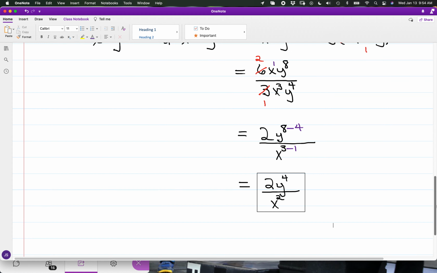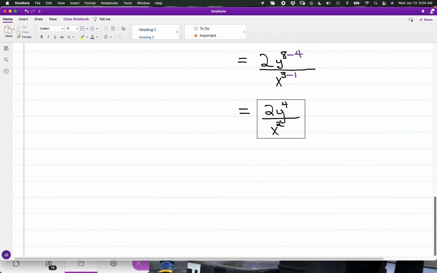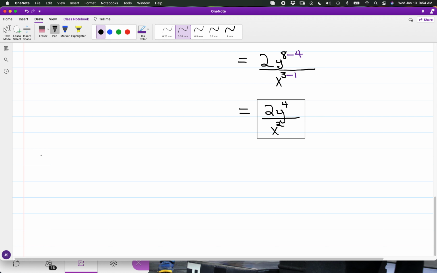Now, looking at combining fractions, here we have m squared over m plus 3 plus 6m plus 9 all over m plus 3.